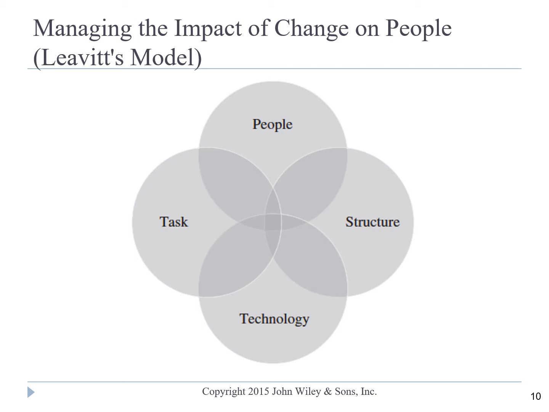Basically, he's saying that to understand the total impact on people, you have to look at how change impacts people individually, let's say promotion or increased responsibility, or in the form of the tasks that are assigned to them, or how people get impacted by the structure of the organization in terms of the reporting relationship, or the technology that they use to get their work done.